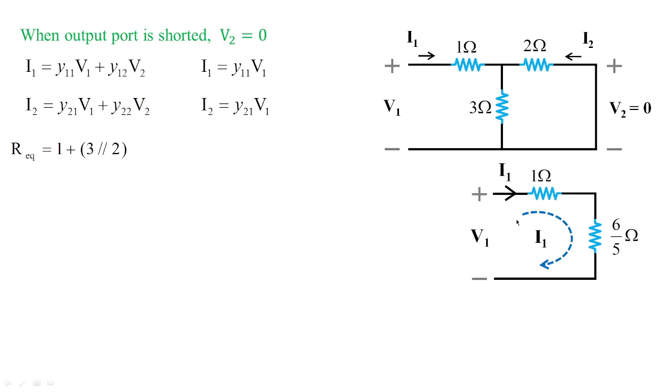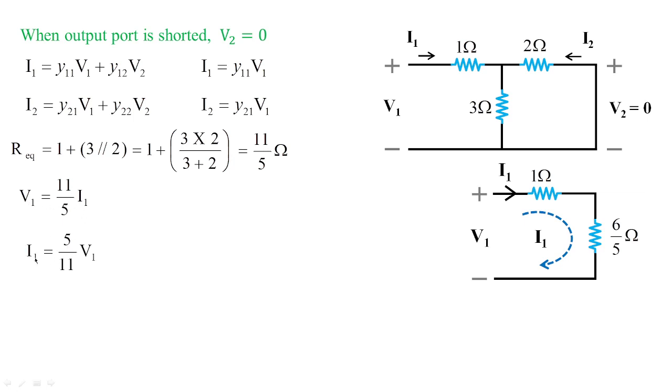So I am taking the R equivalent for this reduced network. I have R equivalent equal to 1 plus 6 by 5, or 1 plus the parallel combination of 3 and 2. So this will give you the value as 11 by 5 ohms. So R equivalent is obtained. Now according to Ohm's law, V1 is equal to R equivalent times I1. So I am going to get V1 is equal to 11 by 5 I1.